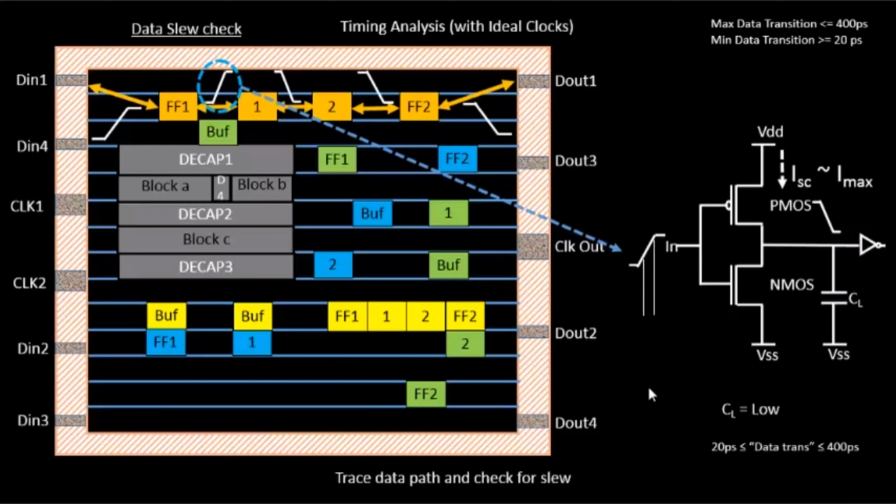For example, there is another reason where, let's say, this inverter as a logic was characterized between this range of transitions, and if the value of this particular transition exceeds 400 picoseconds or it is less than 20 picosecond, the circuit doesn't behave as it is expected to behave.